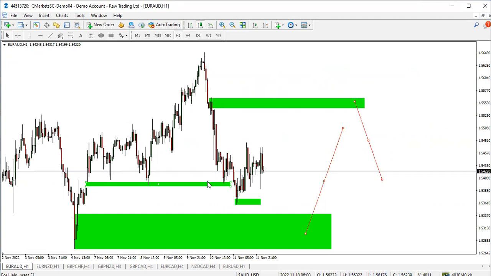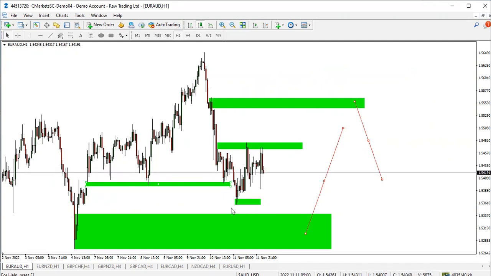So all these tiny green areas are areas where the liquidity is lying. Same with here. For the sell to have effect, the market has to come and take out this liquidity. And for the buy to be valid, it has to take out this liquidity. It has already taken this one, so I'm expecting it to come and take out this one too.